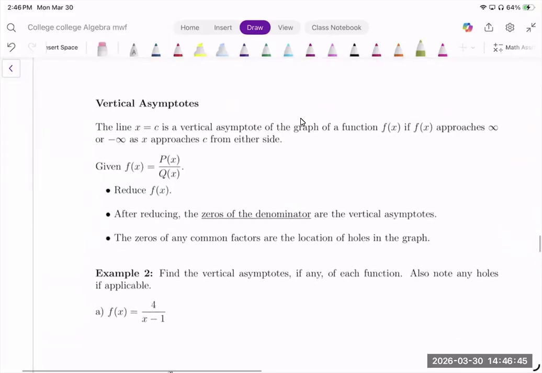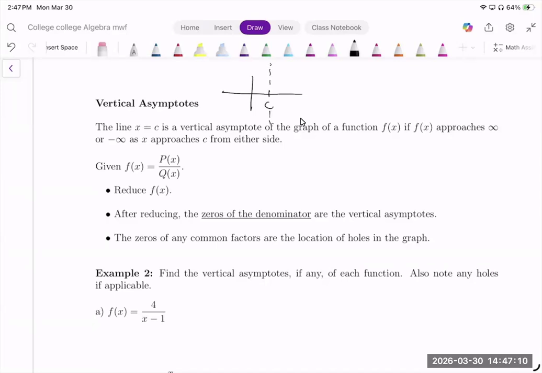Okay, vertical asymptotes. The line x equals c is a vertical asymptote of the graph of the function f of x if f of x approaches negative or positive infinity as x approaches c from either side. Okay, what the world does that say? That says if I have some graph that looks like this, here's c.